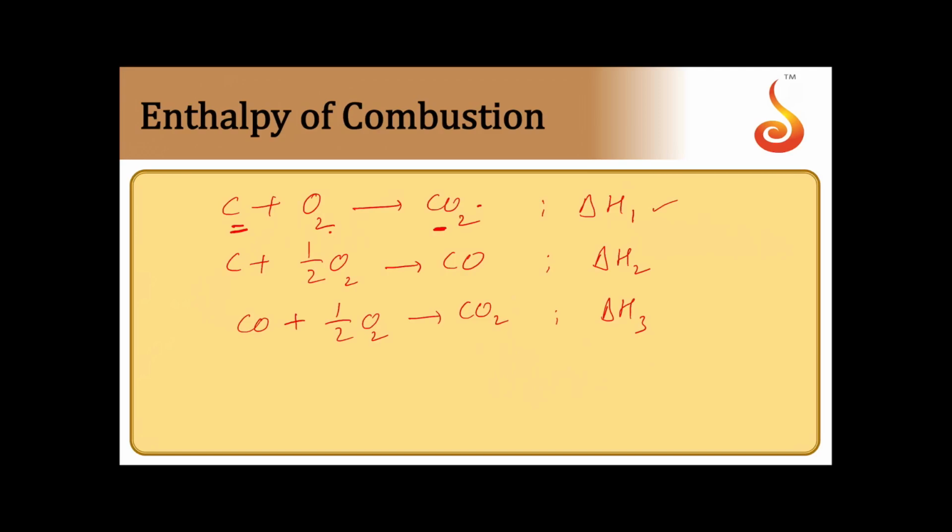When you take delta H2, that is called heat of formation of CO, but not heat of combustion of carbon because carbon is not burned completely in excess of oxygen. It is only partially burned here.